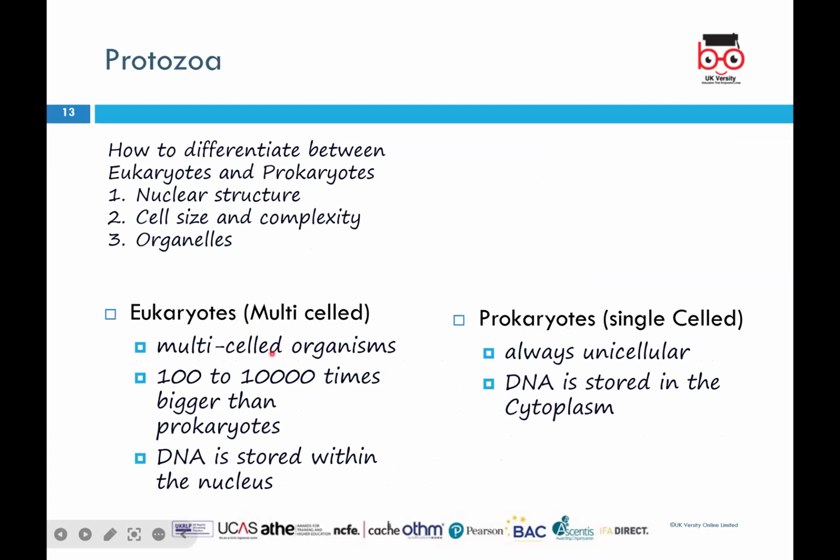We are multi-celled organisms, 100 to 1,000 times bigger than prokaryotes. That is why eukaryotes do not need to be seen under a microscope. DNA is stored within the nucleus. Okay. And prokaryotes are single celled, always unicellular. They are based on only one cell, and DNA is stored in the cytoplasm. Cytoplasm is a fluid that is there in the cell.